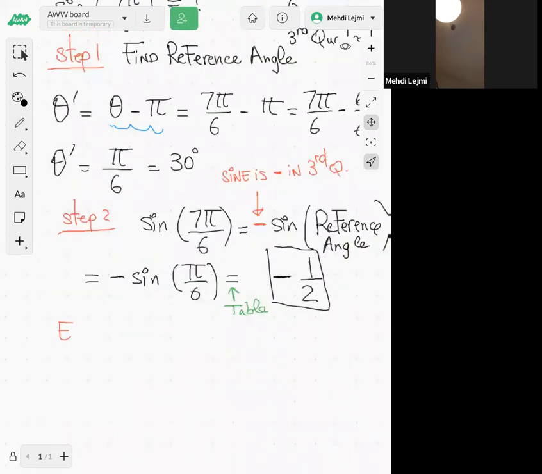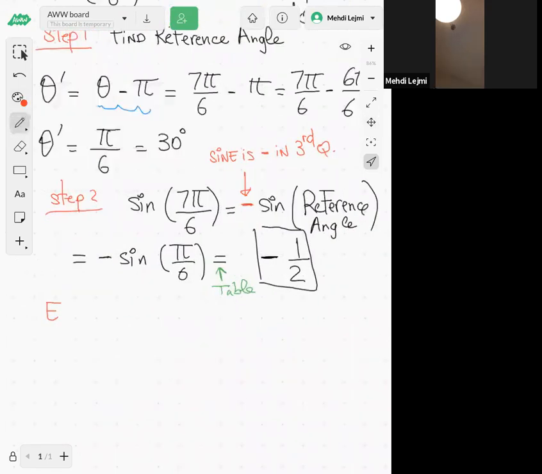If you are in the fourth quadrant, example number 3, let's say you want to find cosine of... Let's use radians instead of degrees.